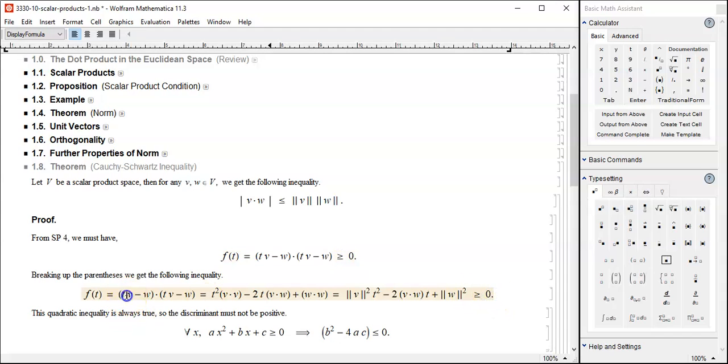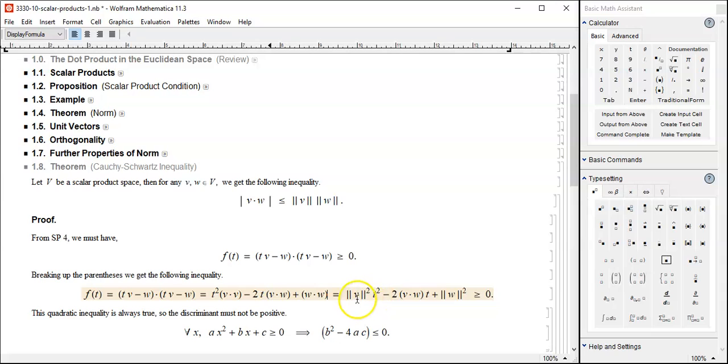Here, first, t squared times v dot v. Outside, t times v dot w. And inside, t times w dot v, so we get the second term. Make sense? Finally, last, w dot w, minus times minus is plus, so we have plus w dot w.